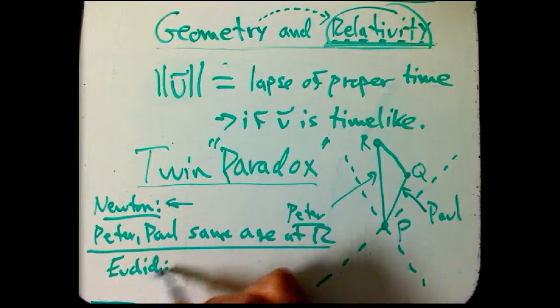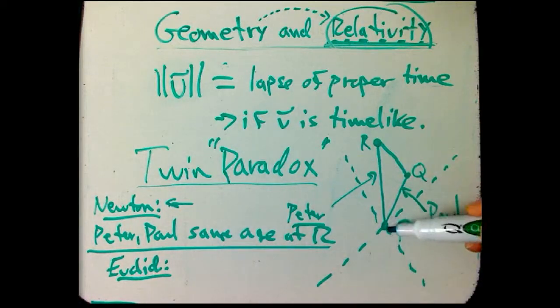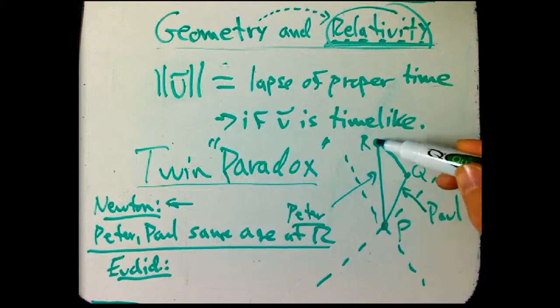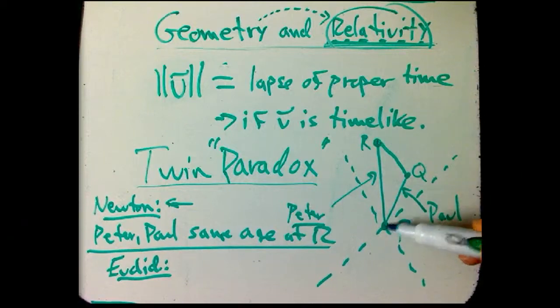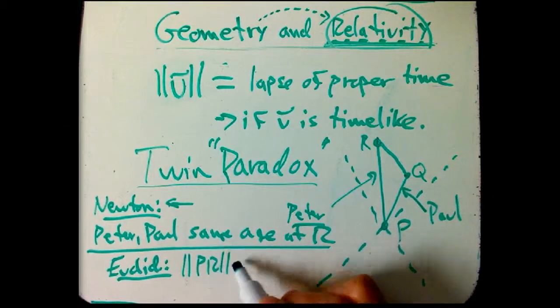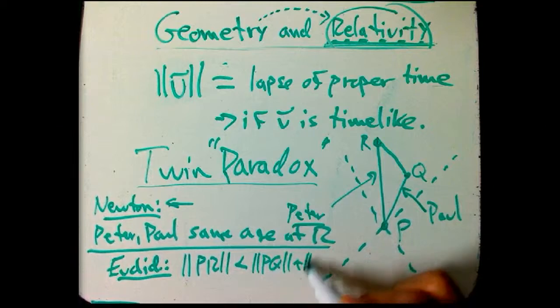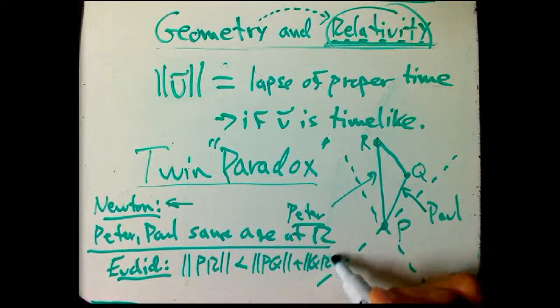The analogy of measuring time lapses is measuring distances. Would Euclid say that the distance from P to R is the same as the sum of the distance from P to Q and Q to R? Heck no. He would say that the magnitude of PR, that distance, is properly less than PQ plus QR.